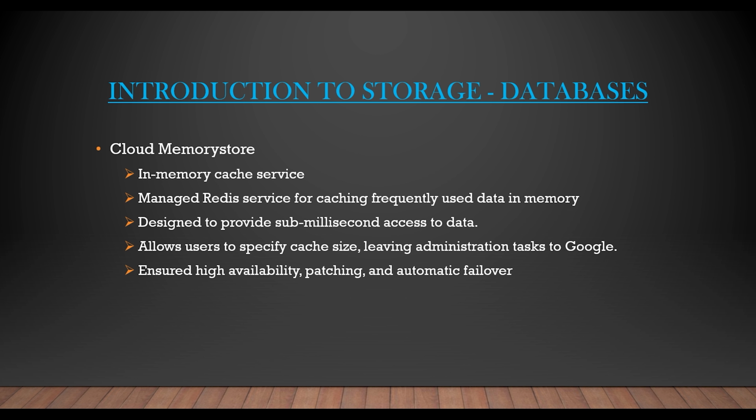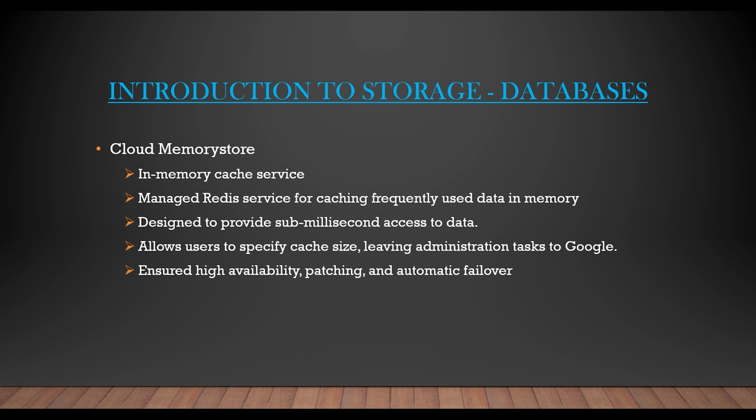The last one on the database services is Cloud Memorystore. Cloud Memorystore is an in memory cache service. Other database services offered on GCP are designed to store large volumes of data and support complex queries. But Cloud Memorystore is a managed service for caching frequently used data in memory.